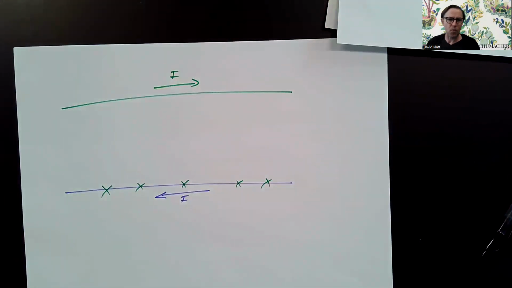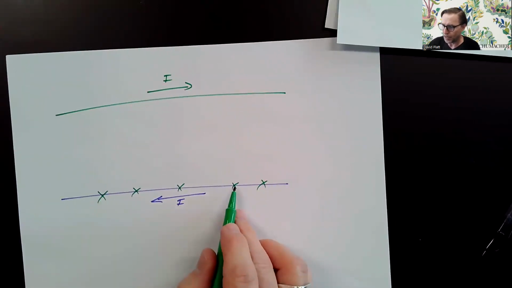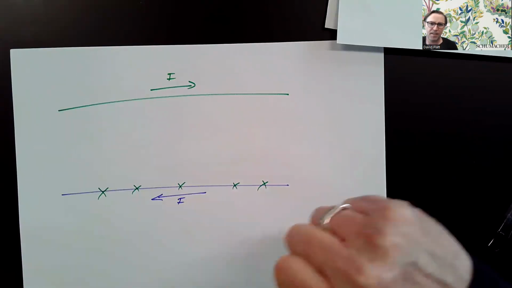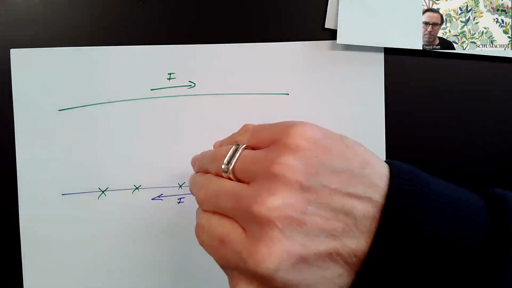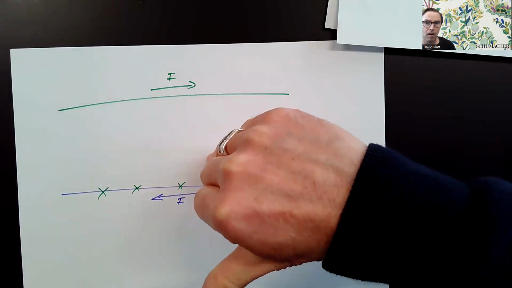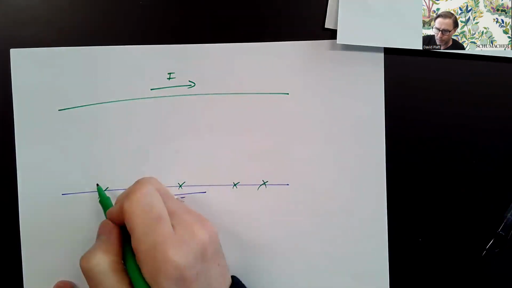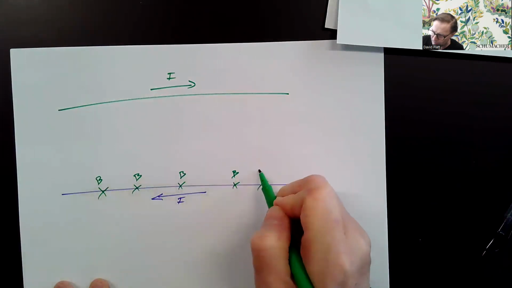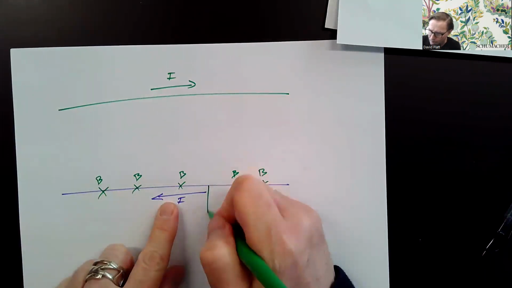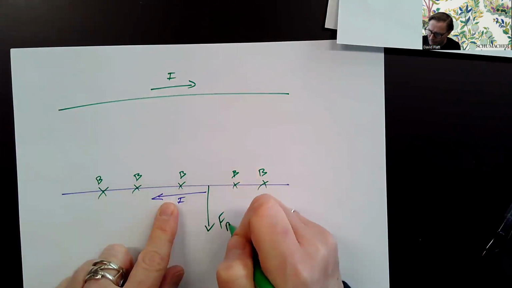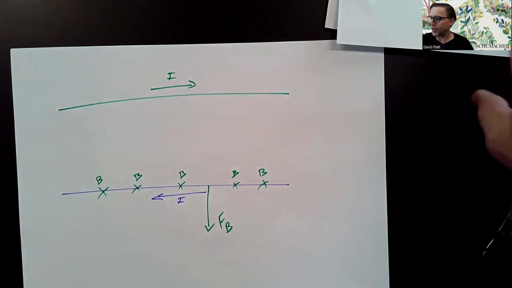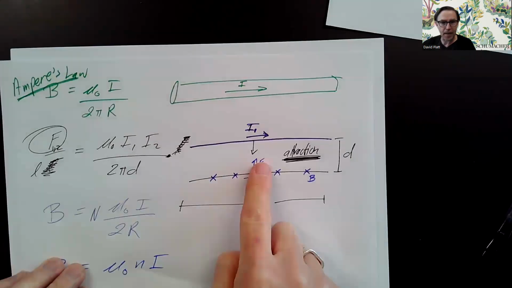So now let's see what direction the force is that's exerted by this green field on this purple wire. V, B, F. Oh, so this was B, the magnetic field, but that field pushes the wire this way, F sub B. That's the opposite direction as we got up here.